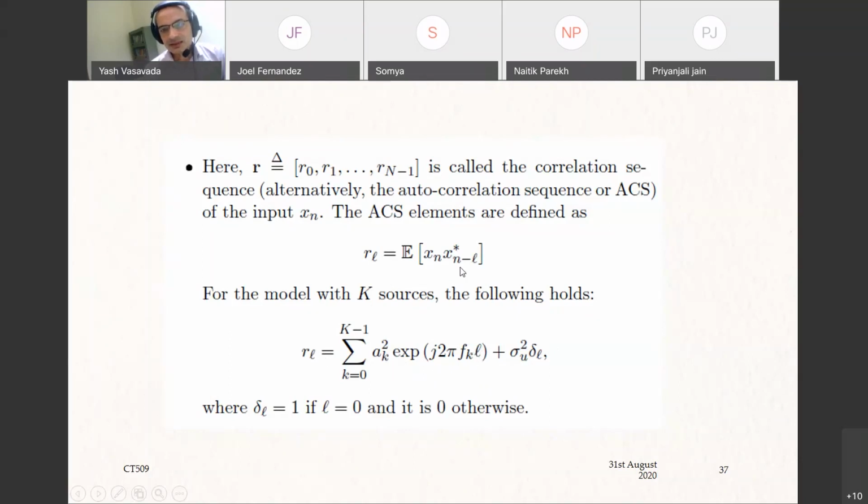This l is what is known as the delay index. It is not the time index. It is how much we are delaying one sample with respect to the other before doing this expectation. And so R of l has this expression, which is what I am asking you to show.